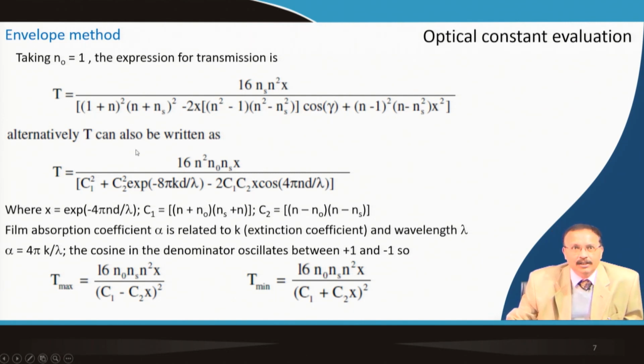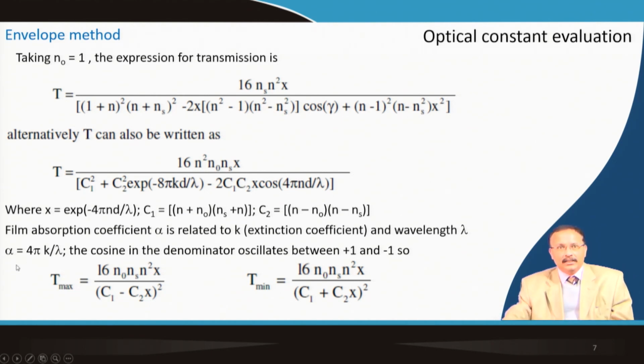By simplifying this, you will eventually come up with this relation, where this x part is given by this relation, C1 and C2 depend on the refractive index of air, the substrate as well as the thin film, and the film absorption coefficient is related to the extinction coefficient and wavelength by this relation.